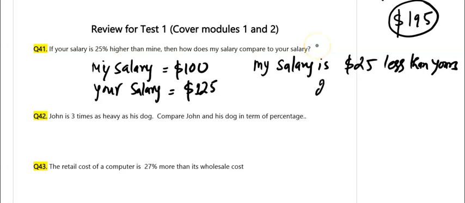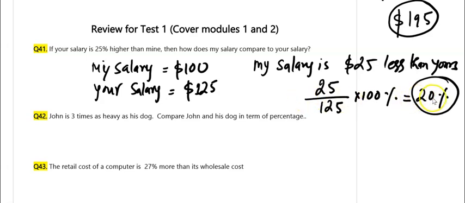I divide $25, which is how much less than yours, by your salary, $125, times 100%. If you do the math, you divide 25 by 125 times 100, and altogether that gives you 20%.